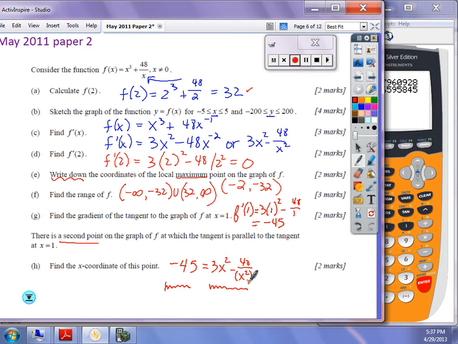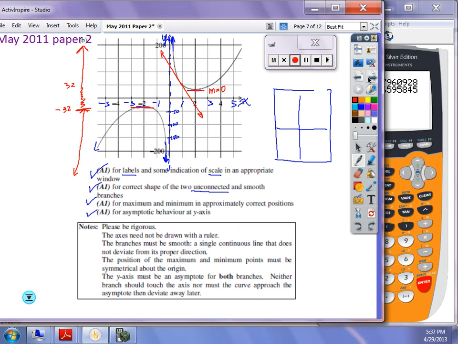Or I could look on my graph and say, well, I'd like to find a place where I've got a line parallel, because I know they have to have the same slope. So since this graph is symmetrical, I can see that those two parallel lines are going to happen right here at the x value of -1.